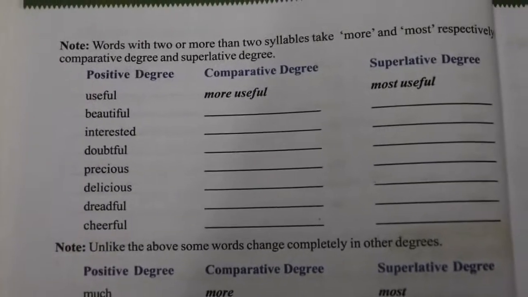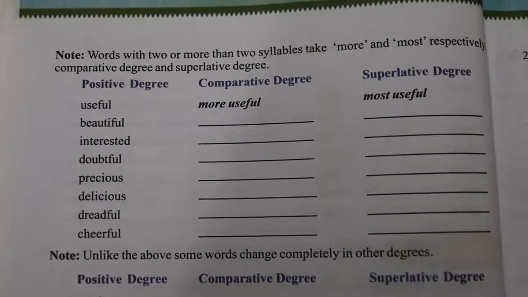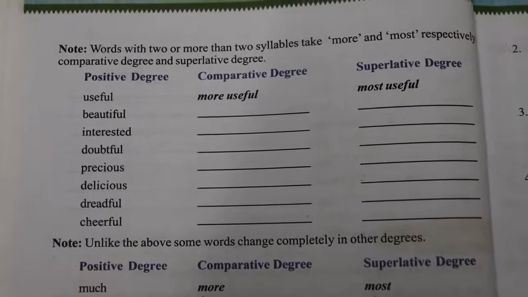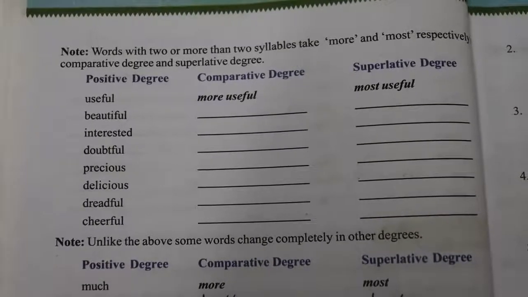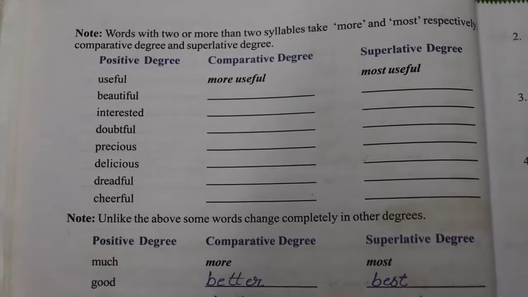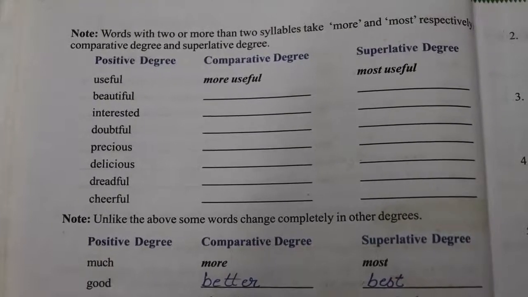Now this part you are going to do alone. It's very easy and simple. Just adding more and most, you will have the comparative and the superlative degrees.